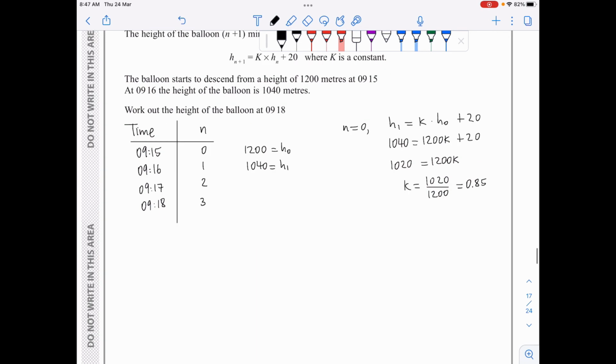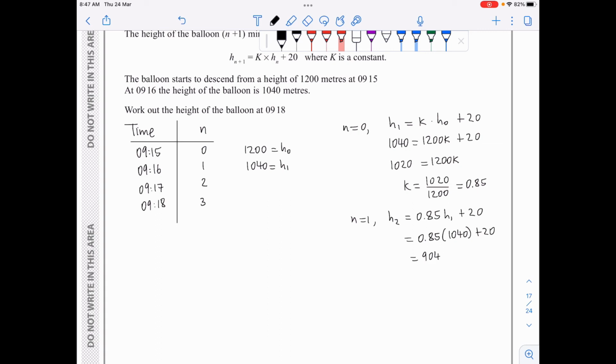Now, I will apply the same technique with n is 1, and I will get that h2 is k, which is 0.85, as we found, h1 plus 20, which is 0.85 times 1040, the value of h1, plus 20, which my calculator gives us 904.